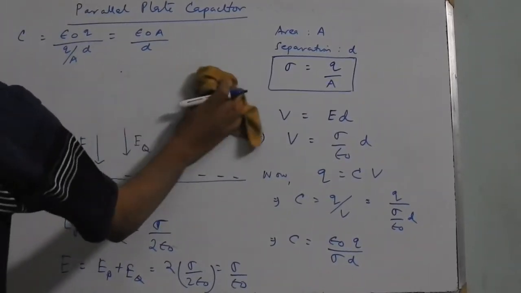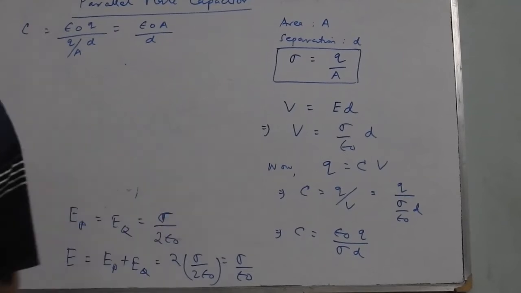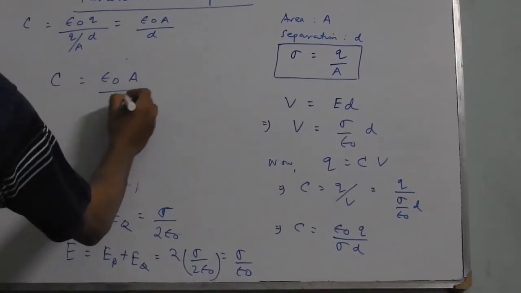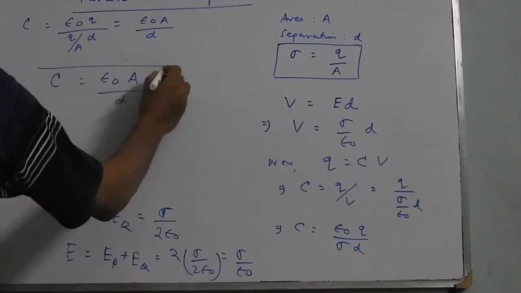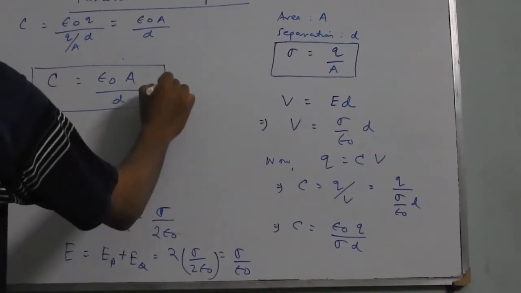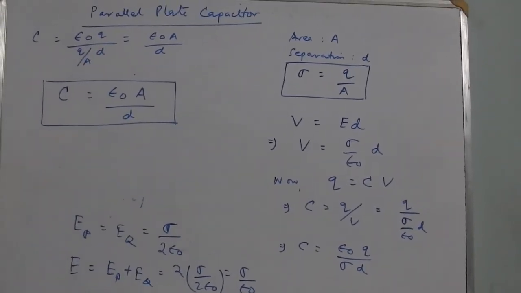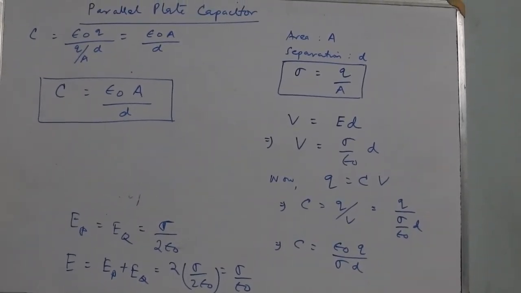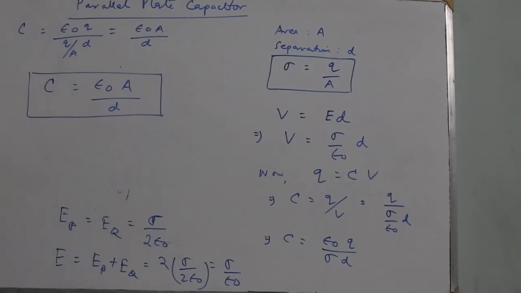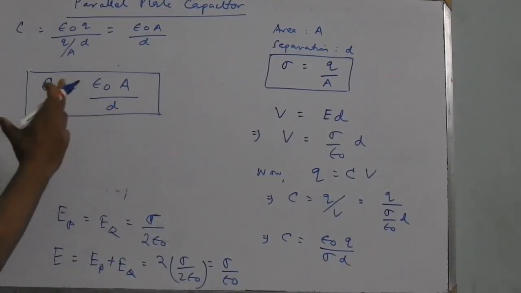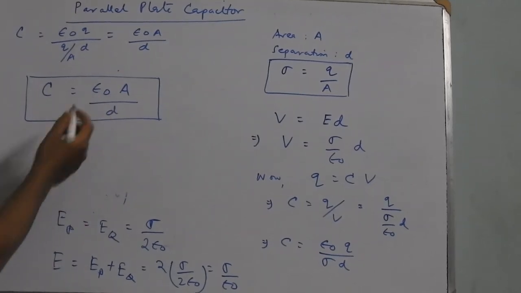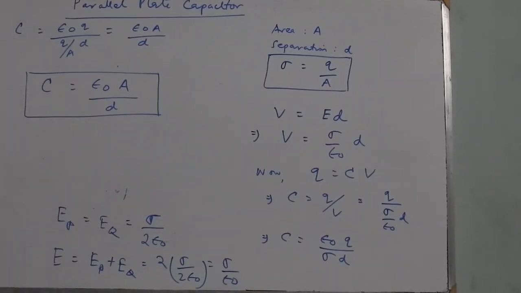the capacitance of a parallel plate capacitor is epsilon 0 A by d, which means that capacitance is independent of the charge on its plates or the potential difference between its plates. It depends upon the area of cross section of the plates, it depends upon the separation between the plates, and it depends upon the medium between the plates.